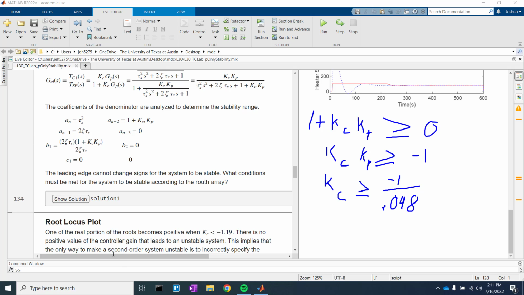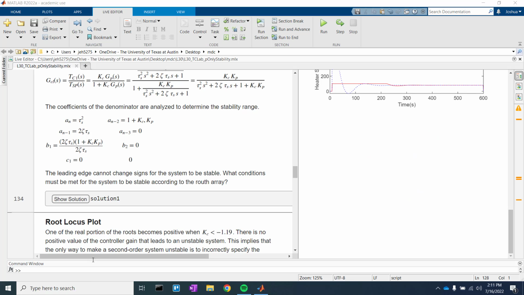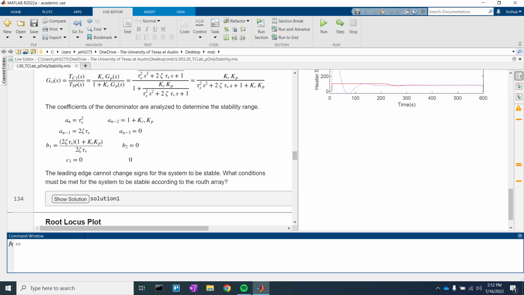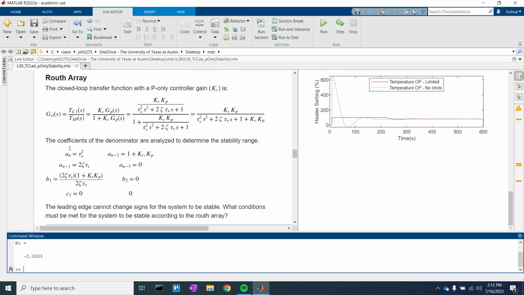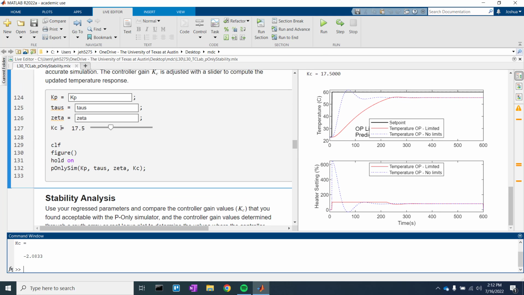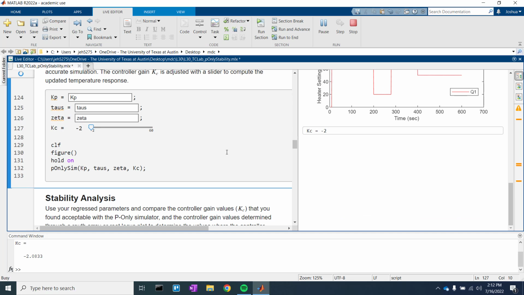Let's go ahead and do that in our calculator. We'll just say Kc is equal to negative 1 divided by, when I say calculator, I just mean we're going to use the command window as our calculator. So Kc must be greater than or equal to -2. That works because we weren't seeing any instability because right here, I think our lower limit was -2.